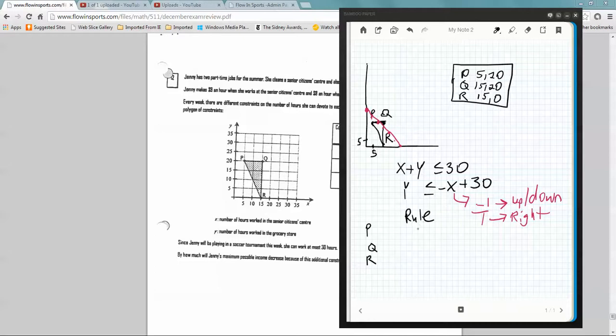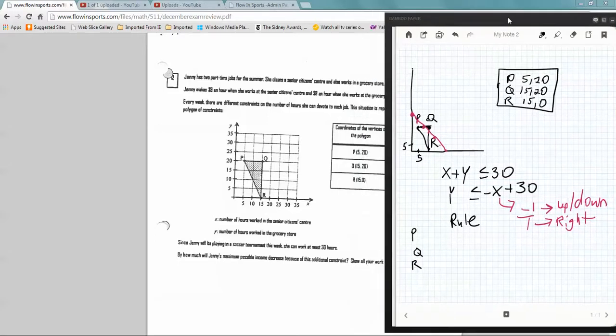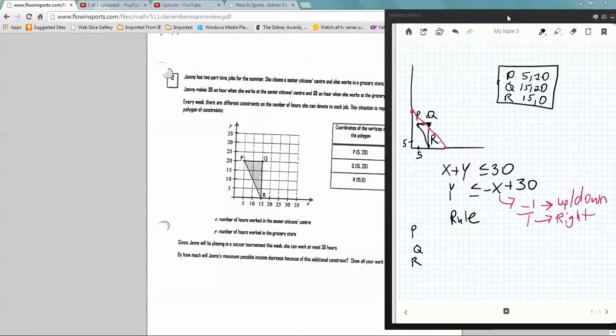Based on the question, she makes $8 an hour. She makes $9 an hour when she works for the senior citizen center. So $9 an hour, senior citizen.